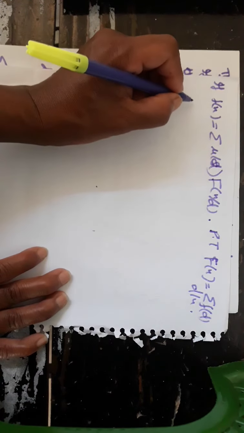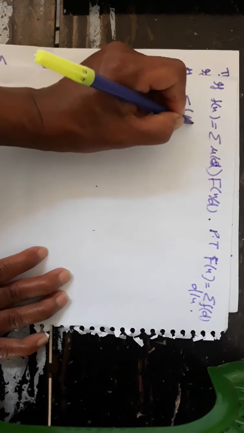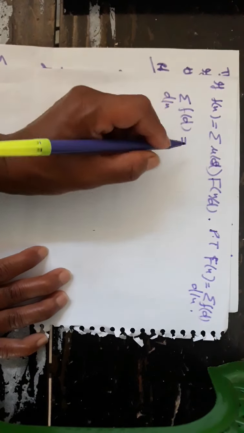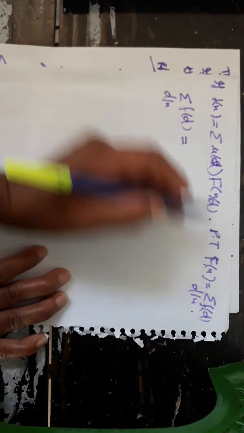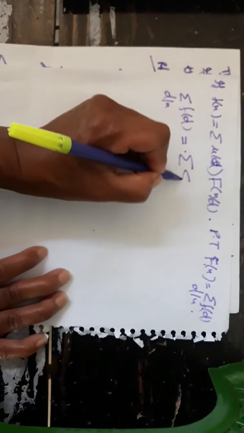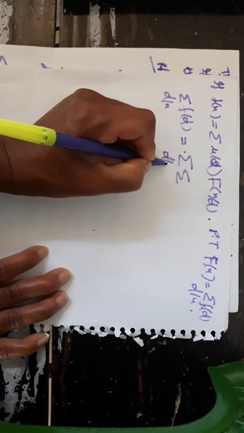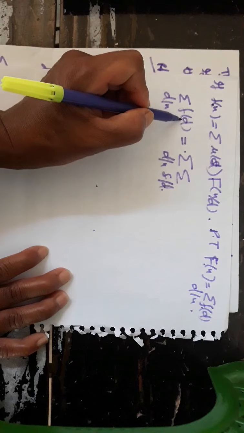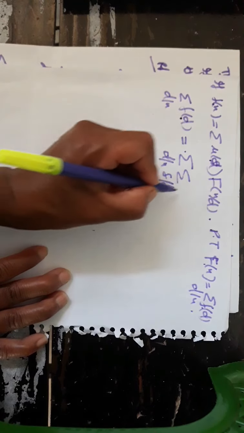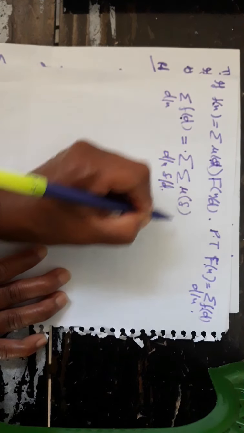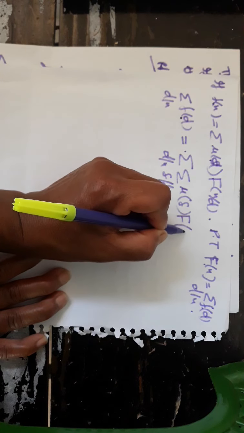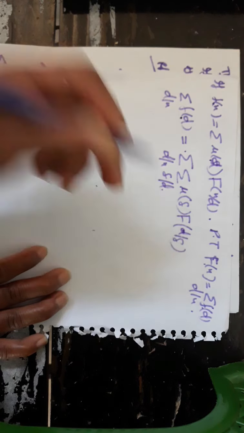So we have summation of f of d, where d runs over the divisors of n, and what I have to prove is that this is equal to capital F of n. This is equal to the double summation, d runs over the divisors of n, delta runs over the divisors of d. You replace this f of d by the summation of mu of delta into F of d by delta.